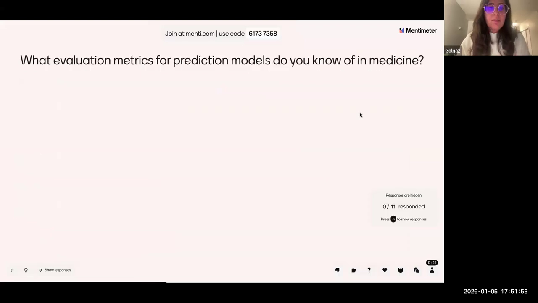Back to questions about evaluation metrics. Do you know any evaluation metrics when you're using prediction models for medicine?